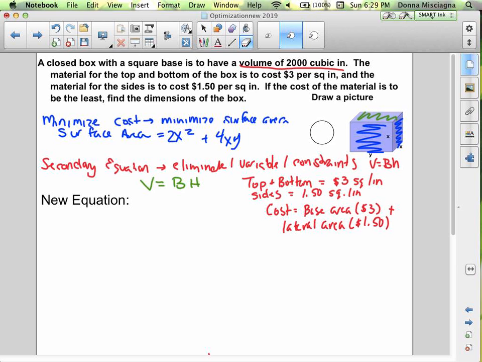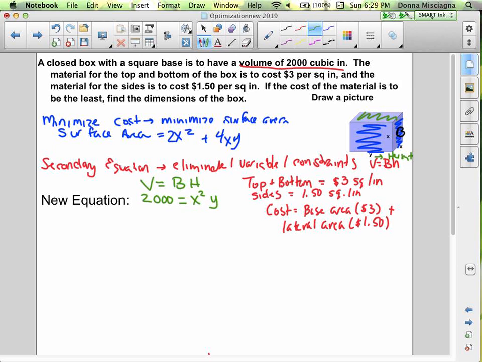And actually, let me write in a color that you can maybe see. So right here, that is our base, and we can represent that with x squared. We'll replace the volume with 2,000, replace B with x squared, and replace height with y, because that's the height.